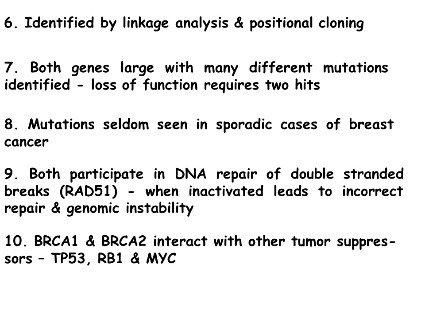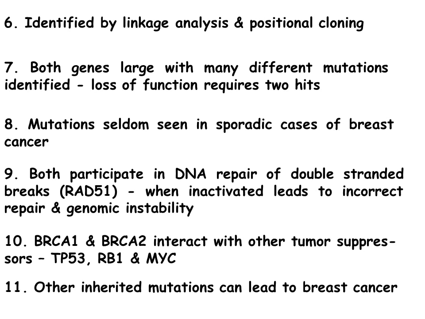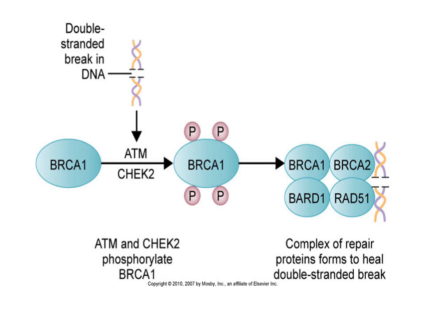Now, we also know that BRCA1 and 2 interact with other tumor suppressors, such as TP53, RB1, and MYC. Other inherited mutations can lead to breast cancer. So here is the mechanism for repair of double-stranded breaks in DNA. And you may have heard of the ATM gene.